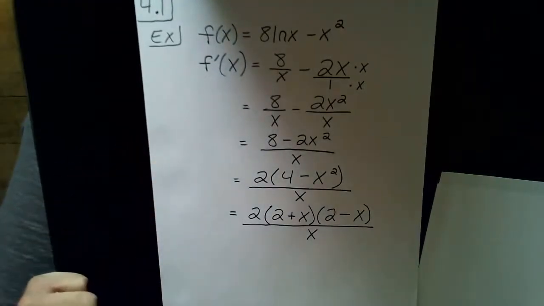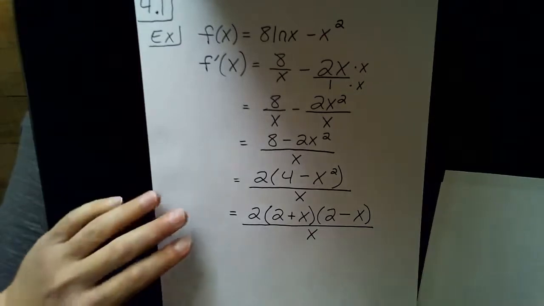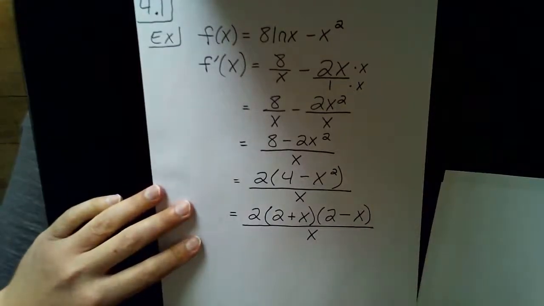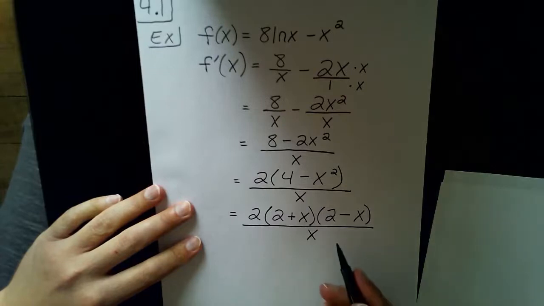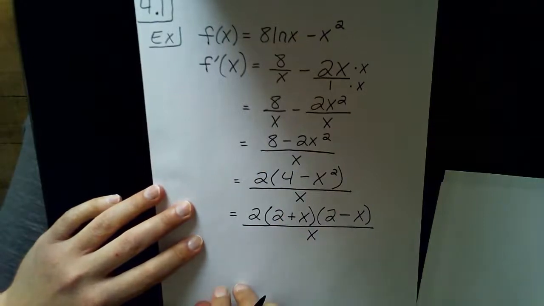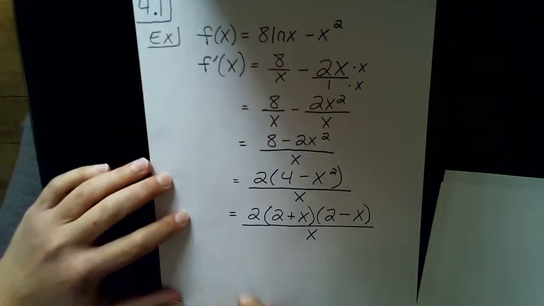And now that we have this, we can set the top and bottom equal to 0, which will give us our partition numbers, and then check those in the original function to decide whether or not they are critical numbers.